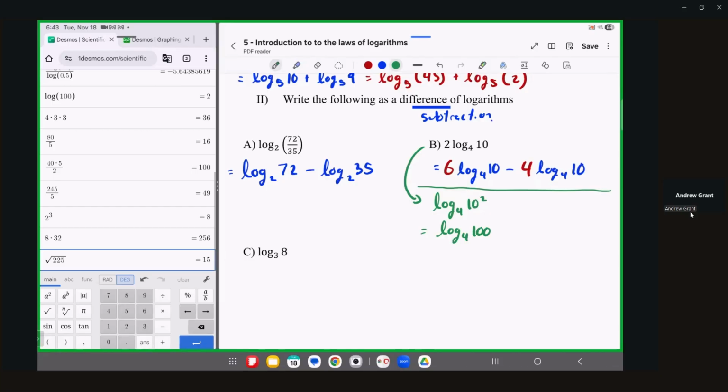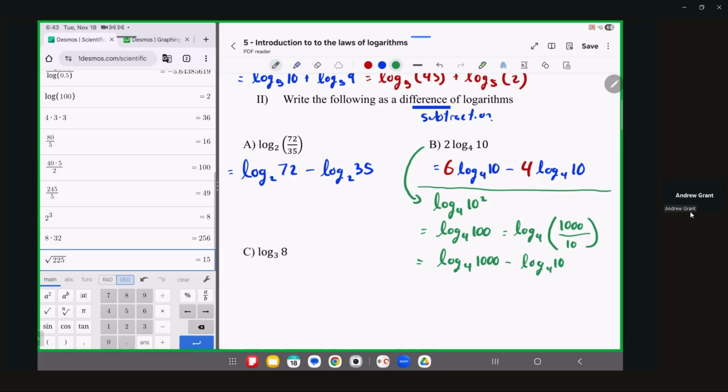You kind of pause and think for a moment there, and you might think, what about 1,000 divided by 10? And that would work out just fine. So then you could write this as log base 4 of 1,000 minus log base 4 of 10.